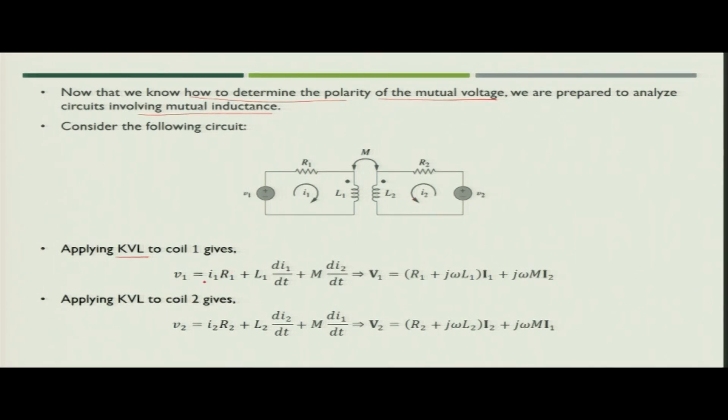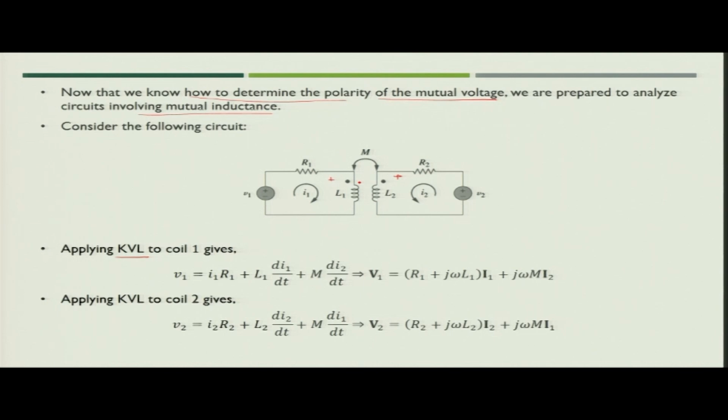So, for coil 1 we can write V1 is nothing but I1 R1 plus L1 di1/dt because of the coil 1 self inductance, plus M di2/dt. Here, in both of the cases the current is going inside the dot, and the reference polarity is positive on both sides where the dot is connected.